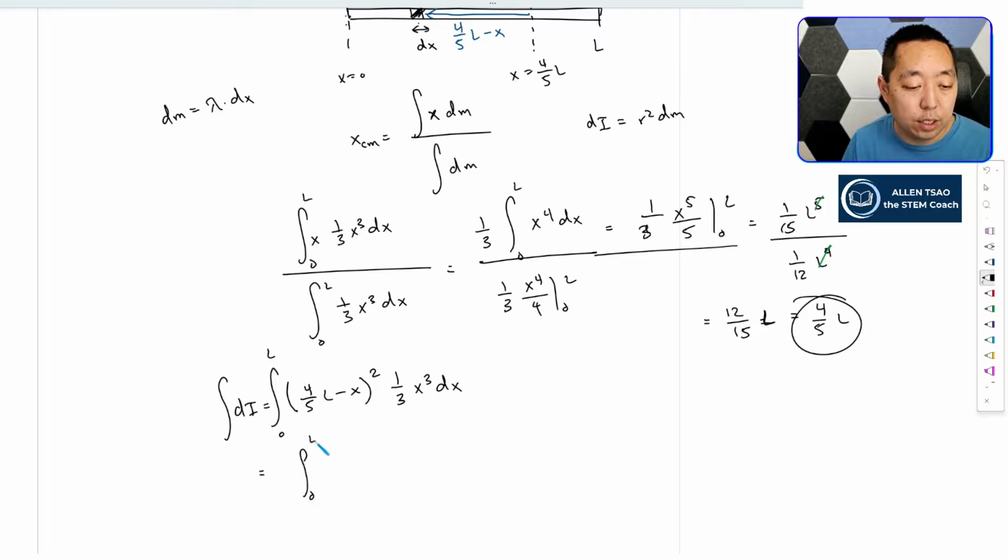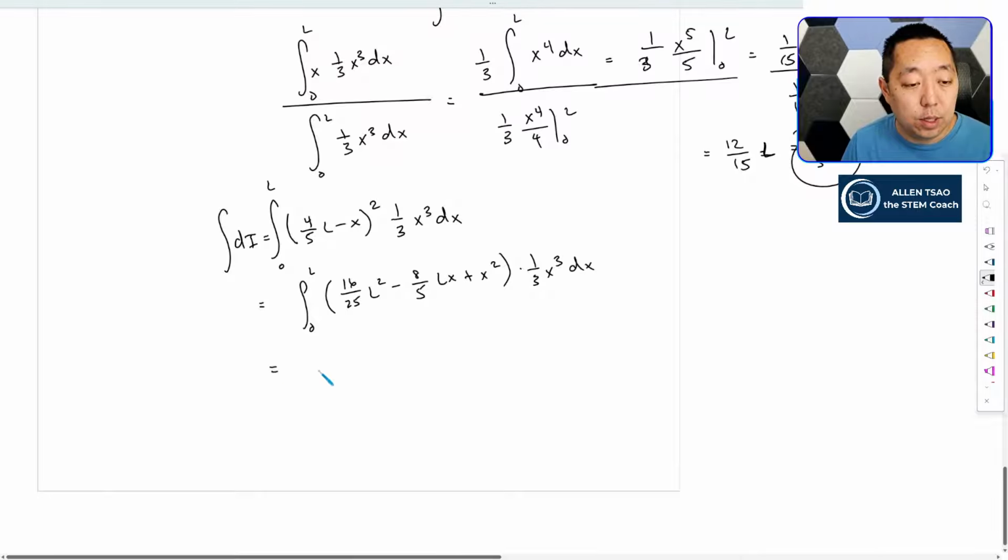So then how would you do this integral? You can always use a calculator, or let's just FOIL this thing out. You can't really do a u substitution. I think the easiest thing is just to FOIL this out. So this is going to be 16 over 25 L squared minus 8/5 Lx plus x squared times 1/3 x cubed dx.